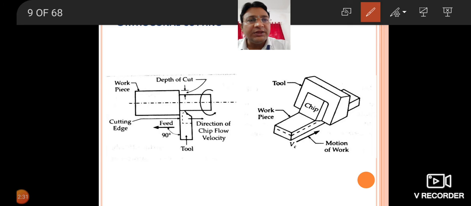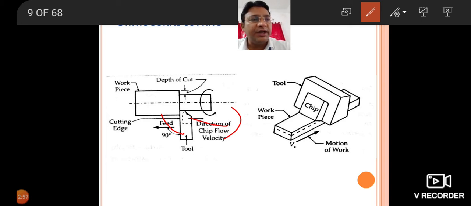The cutting tool is fed in a perpendicular direction to the workpiece, like this. The tool is fed at 90 degrees to the workpiece. And the chips move in this direction. In this operation the chips are being produced.